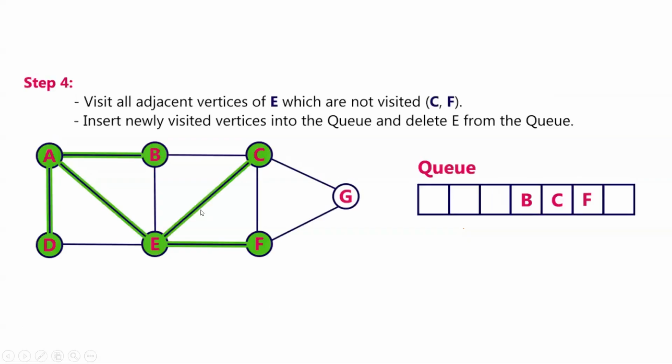And step four, we almost entered E, right? From E, we have B, C, D. Here we can draw another conclusion.